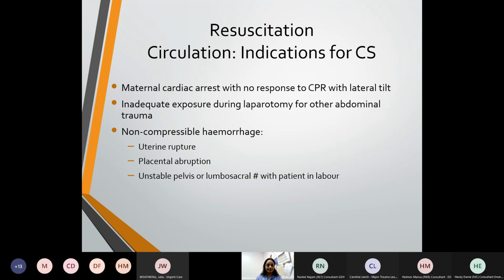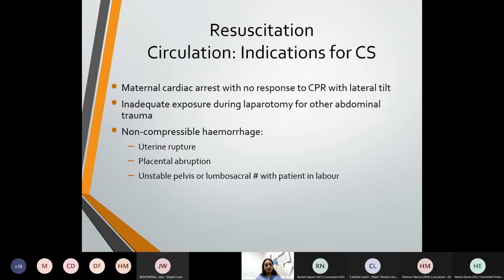So that is one thing that we need to think about when we are dealing with pregnant mothers. Even if it was a trivial trauma, sometimes the uterus can rupture, and your placenta can abrupt. And again, placental abruption, as I said earlier, can have serious consequences for the mother as well as the baby.